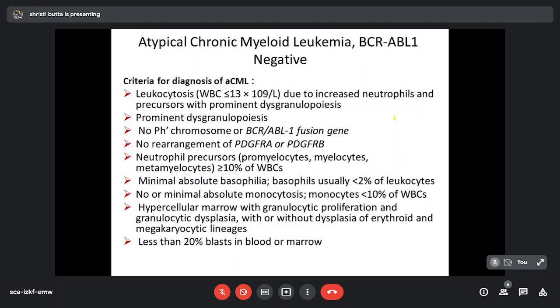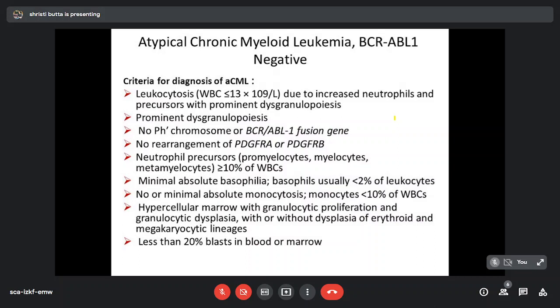Now coming to atypical CML, that is BCR-ABL1 negative. Criteria for the diagnosis of an atypical CML: it is associated with leukocytosis due to increased neutrophils and precursors with prominent dysgranulopoiesis, right? So you have dysgranulopoiesis and a leukocytosis with increased neutrophilic precursors.